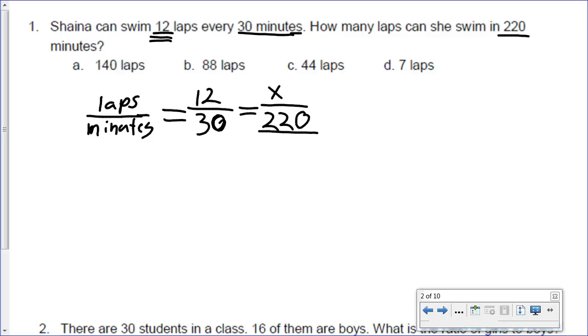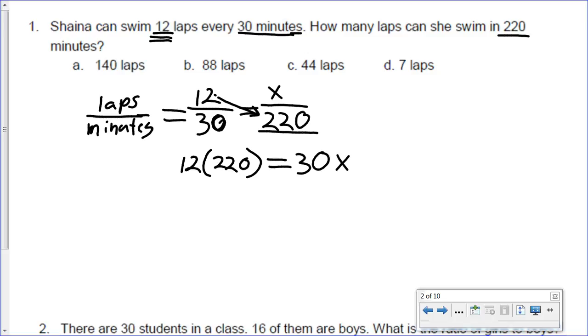If you have three out of the four things, you can always solve for that missing fourth, and you can do that by cross multiplying. So you would multiply the 12 times the 220, set that equal to the 30 times the x.